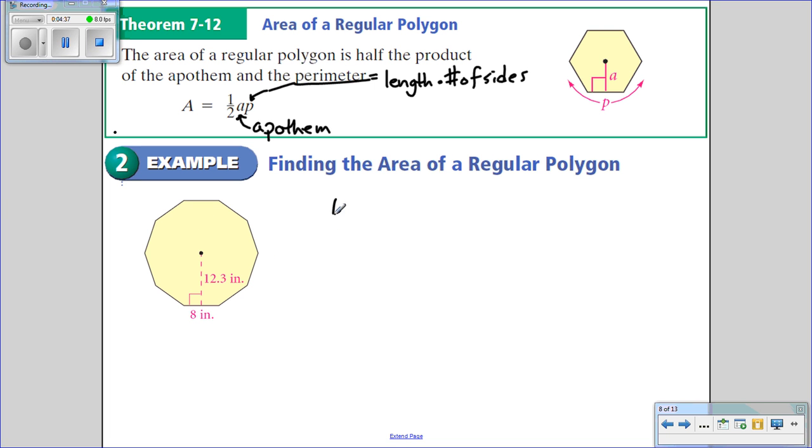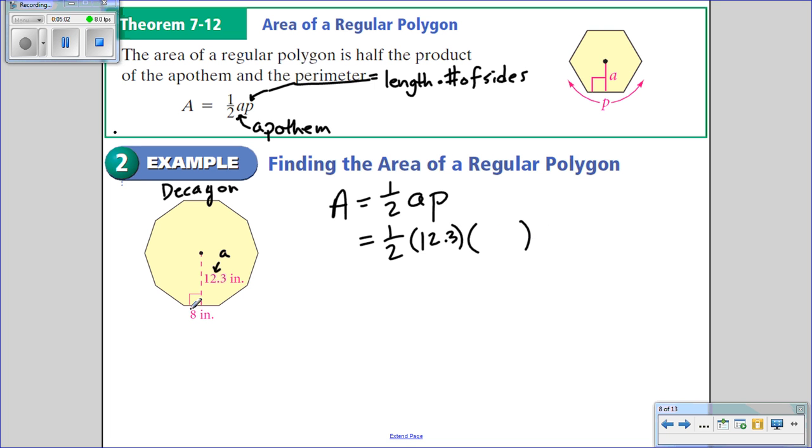So here's our first example. We have a 1, 2, 3, 4, 5, 6, 7, 8, 9, 10. This is a decagon, and it's regular. So our area formula for that would be 1/2 apothem times perimeter. The apothem is right here, 12.3.